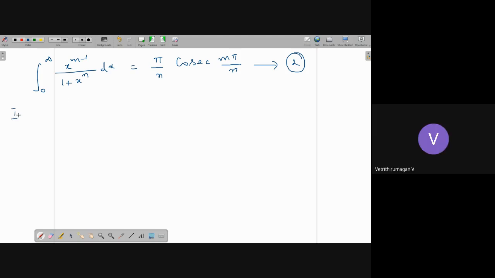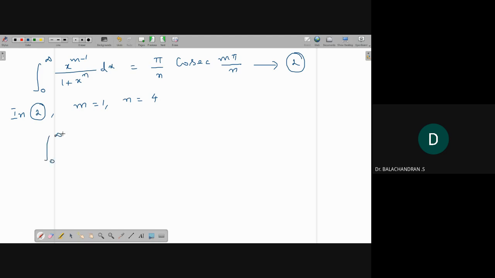M is equal to 1, n is equal to 4. Very good. It's correct. Because the numerator is just a dx, I need to make this 1. So m should be 1. And here you have 4. So n equal to 4.